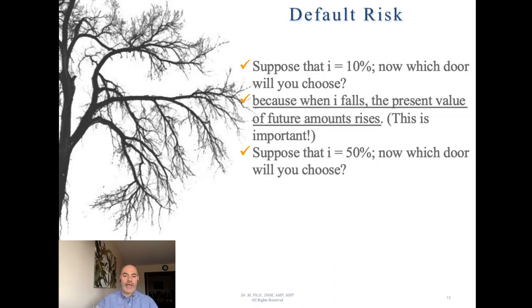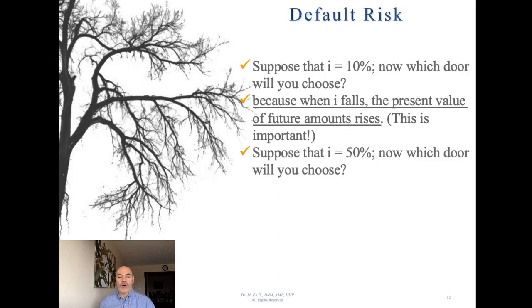Let's take a look at what happens when interest rate is actually rising, and in this case to 50%. If it's rising to 50%, the present value of door number two from the previous presentation is still $100. It doesn't impact the present value because this good is presently available.